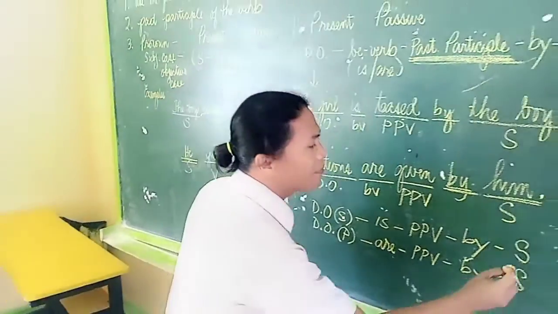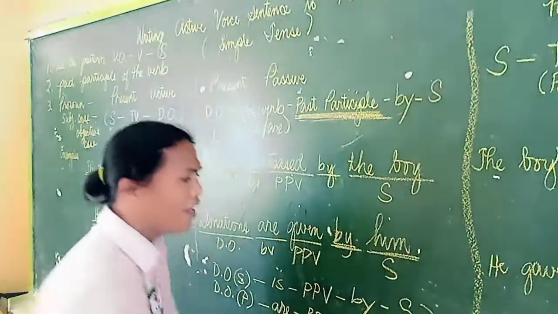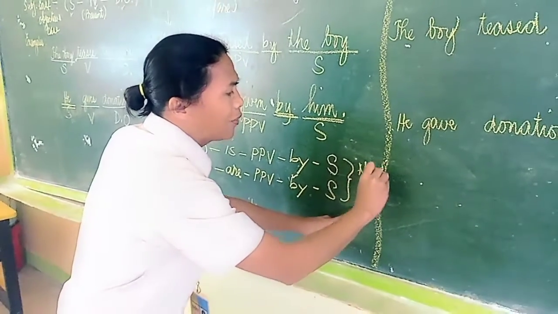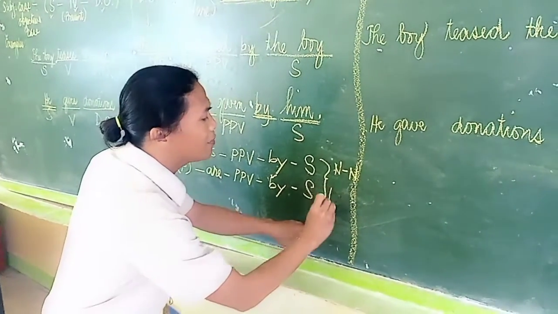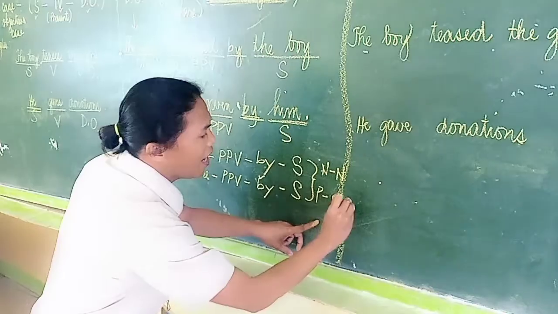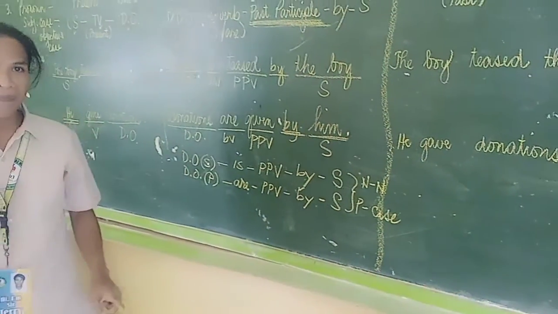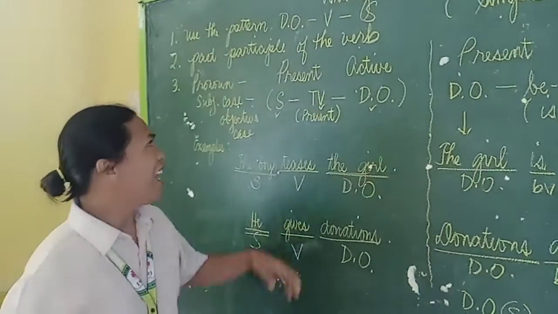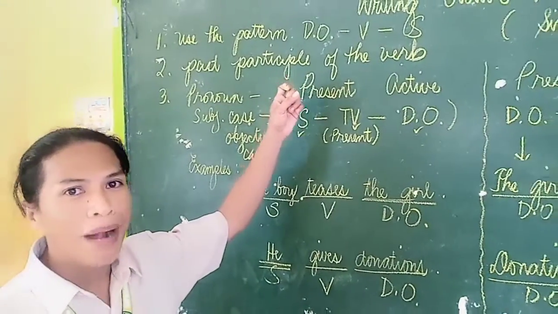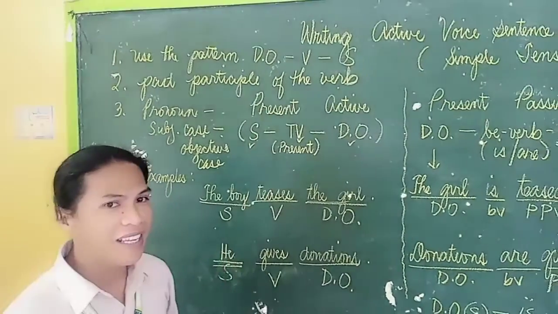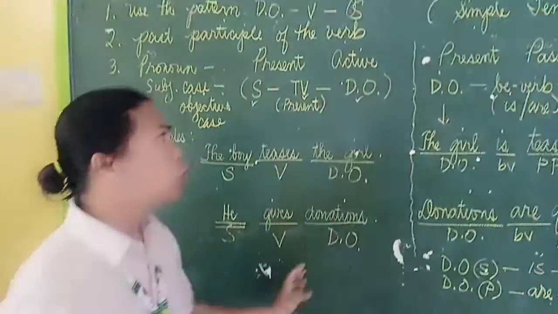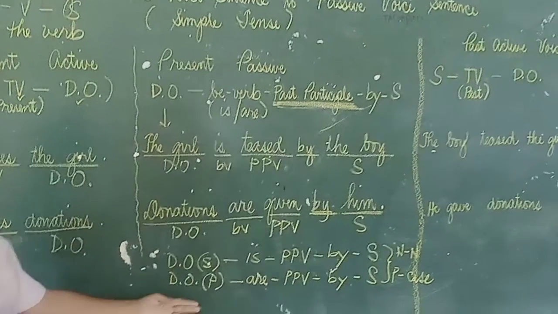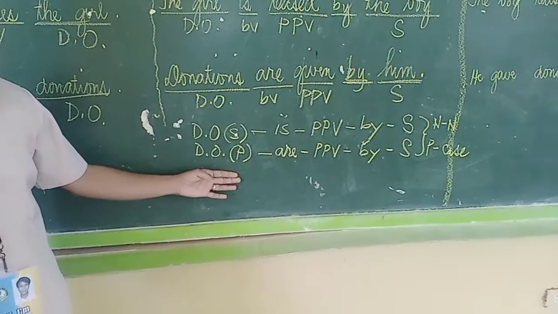Okay, now let us put a hint here. If the subject is noun, still noun. If the subject is pronoun, change the case. Clear? Sige, let us go back. Okay, in changing present active voice in the simple tense to present passive voice in the simple tense, these are the following patterns.